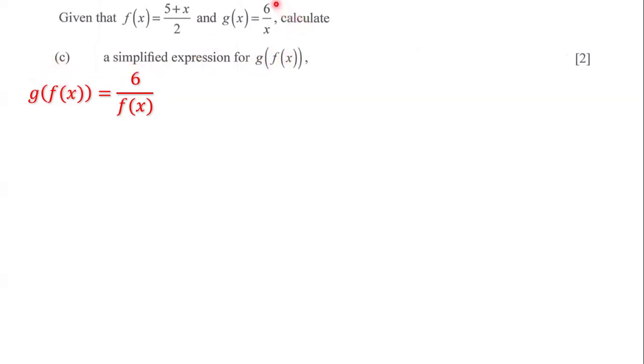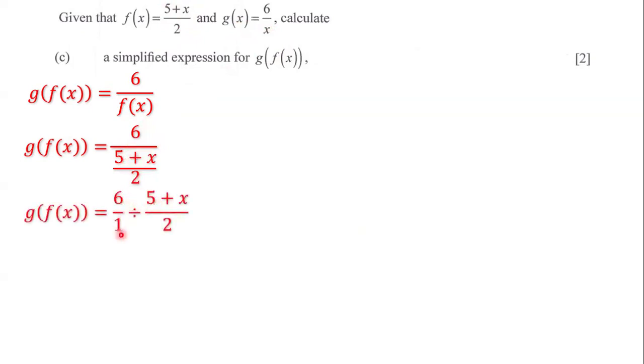And what is g? g is equal to 6 over x. Wherever we see x, instead of putting x, we're going to put f of x. So f of x goes inside, because x is here, and x is here. Now, what is f of x? Well, f of x is equal to this whole fraction, which is 5 plus x all over 2.